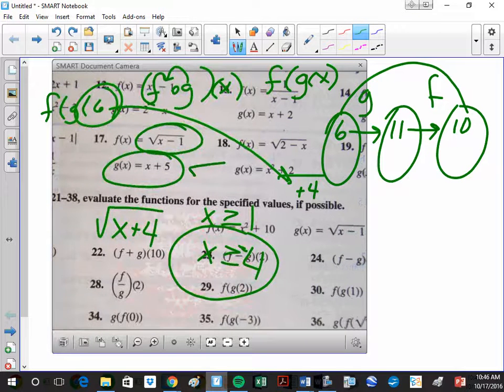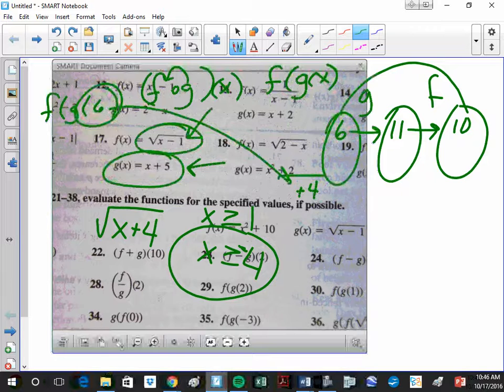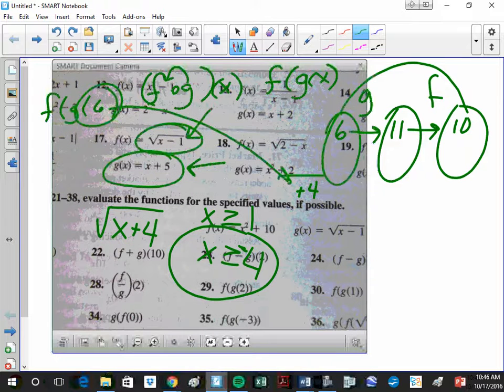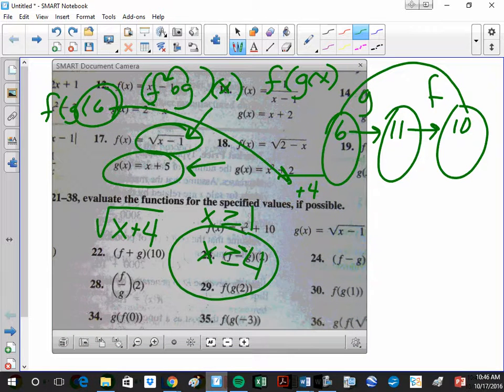The original has no domain restrictions, right? So looking at the answers for that, which answers of that can be plugged in here? Anything but anything that eventually creates 1.